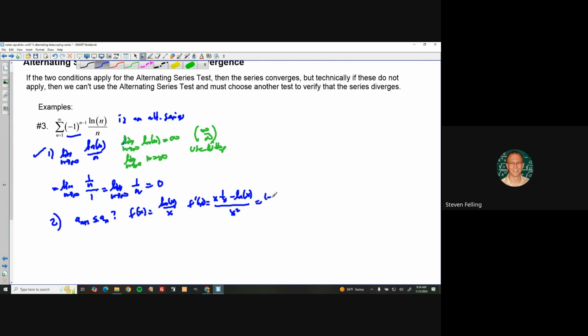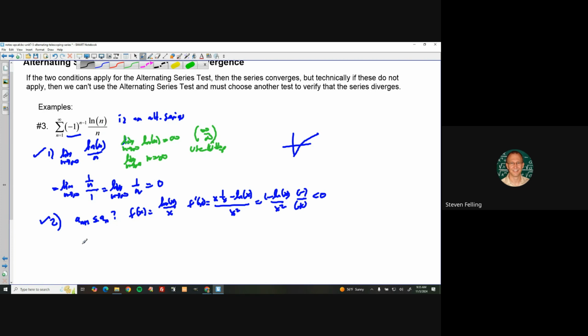So that's 1 minus natural log of x over x squared. The bottom of that fraction is positive. The top will become negative once we're above e, because natural log goes like that. So we can assert that that's negative, and that's why the function is decreasing, and therefore the terms are decreasing.